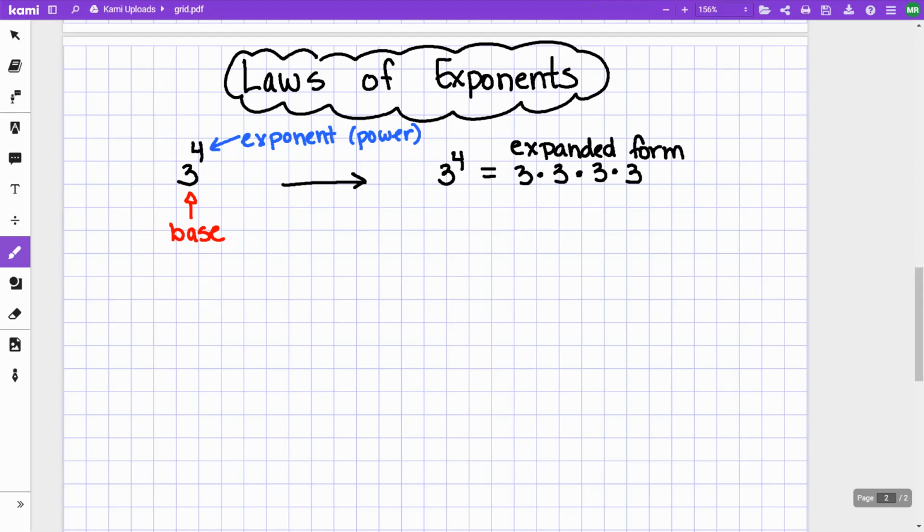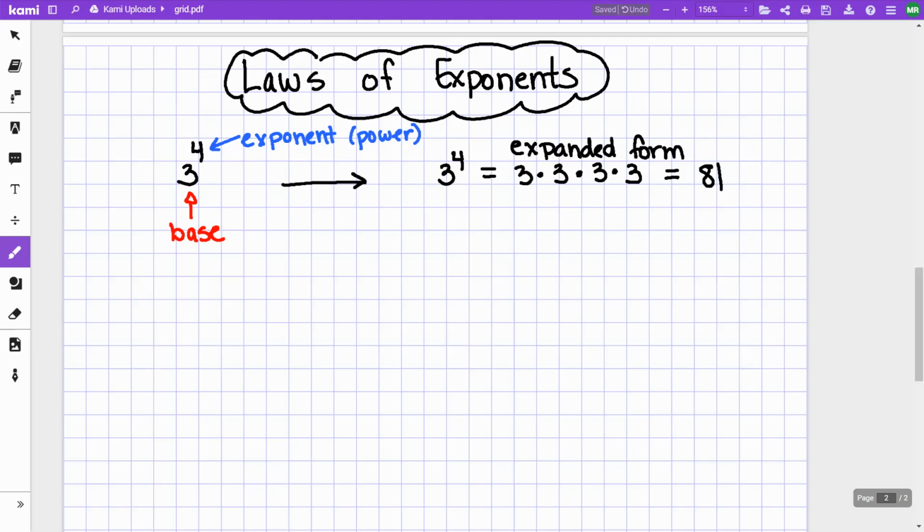That's what 3 to the 4th means. I'm taking 3, which is my base, and raising it to the power of 4, which means I'm multiplying 3 4 times. Now, when I do that, I'm going to end up with 3 times 3 is 9. 9 times 3 is 27. 27 times 3 is 81. So 3 to the 4th is 81.